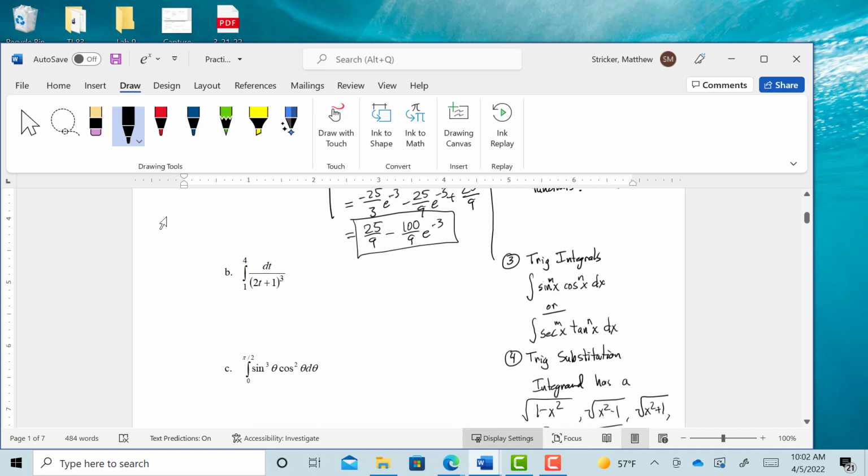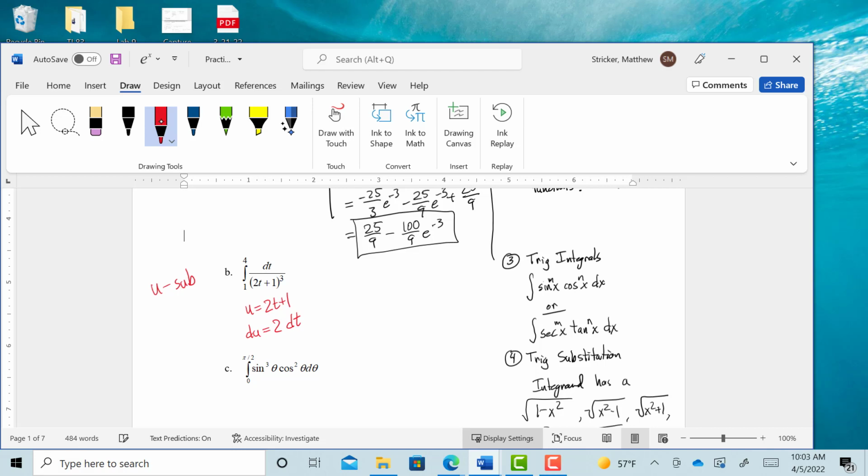So we have the integral from 1 to 4 of dt over 2t plus 1 to the 3rd. And so this does not have two functions, but it does have a very simple function inside of a function. So this is an idea that we're probably going to want to use a U-substitution here, because we could let u be 2t plus 1, and we know this works out nicely because the derivative of that is just 2.